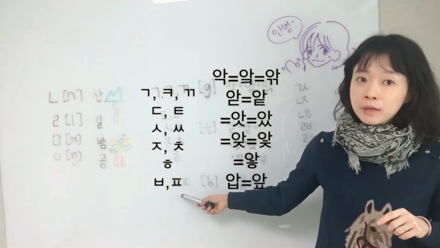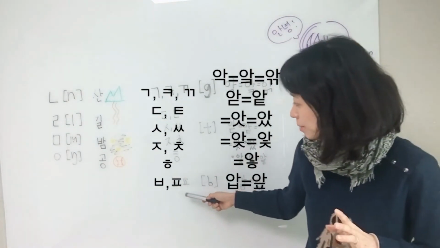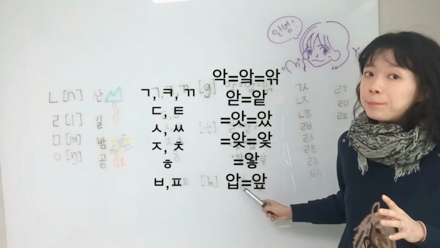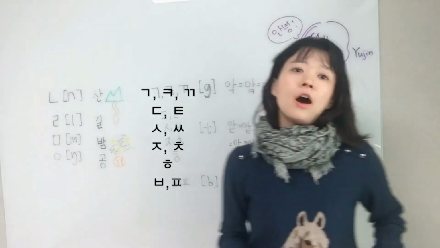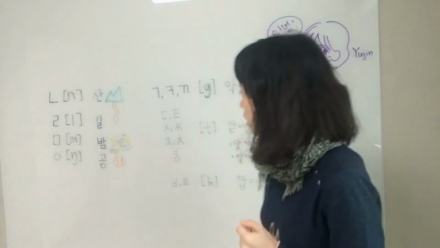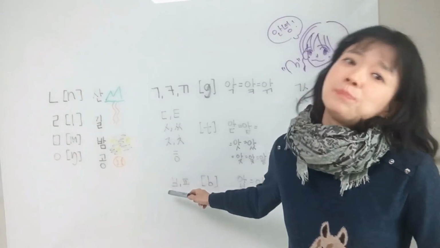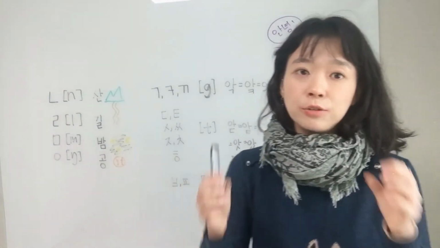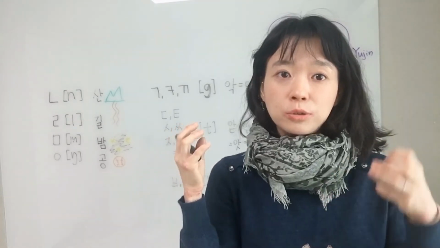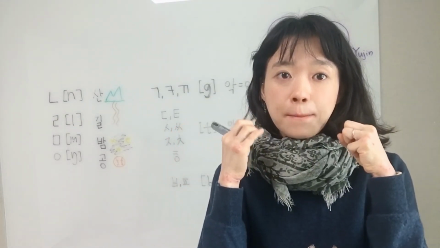And p and p are neutralized to the b sound, like up, up. But what you have to keep in mind is, when I explained this b and p, I told you that you shut your mouth and then open it like p.